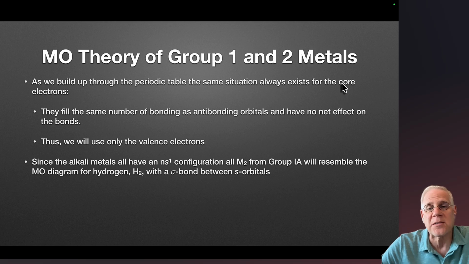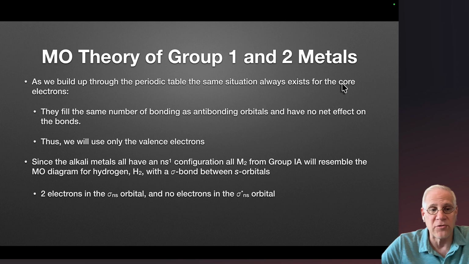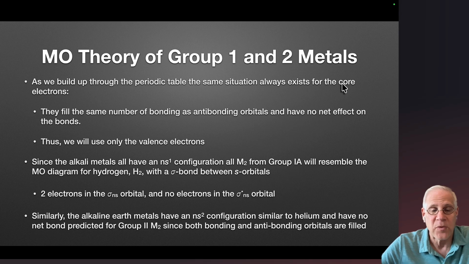Anytime you make a diatomic molecule from one of those Group 1A elements, the molecular orbital diagram is going to look exactly the same as the one for hydrogen, where you're going to have a sigma bond between the s orbitals. You're going to have 2 electrons in the sigma s orbital, and there's going to be no electrons in the sigma star s orbital. And you're going to end up with a bond order of 1.